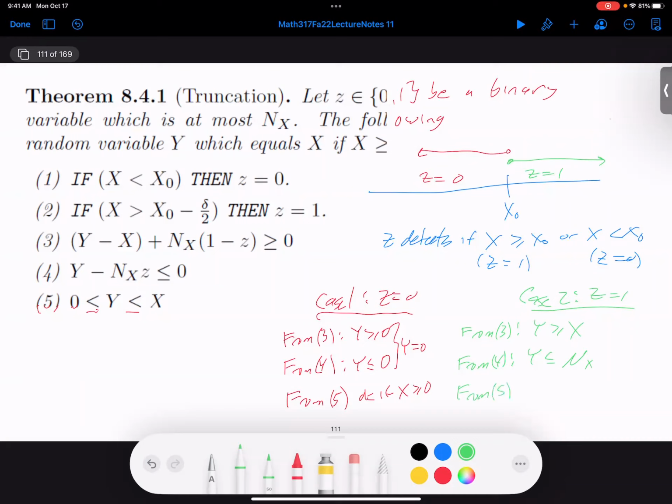Not too bad. And then what does 5 give us? It gives us y is less than or equal to x. So these combine to give us y equals x. So we definitely want the inequalities. We definitely want less than or equal to.